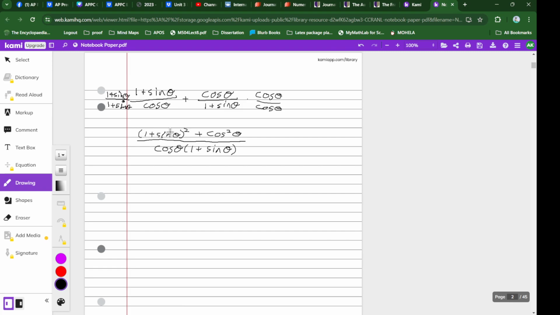So, if I'm squaring a binomial, we should know that that gives us 1 plus 2 sine theta plus sine squared theta plus cosine squared theta. And this is still going to all be over 1 plus sine theta times cosine theta.